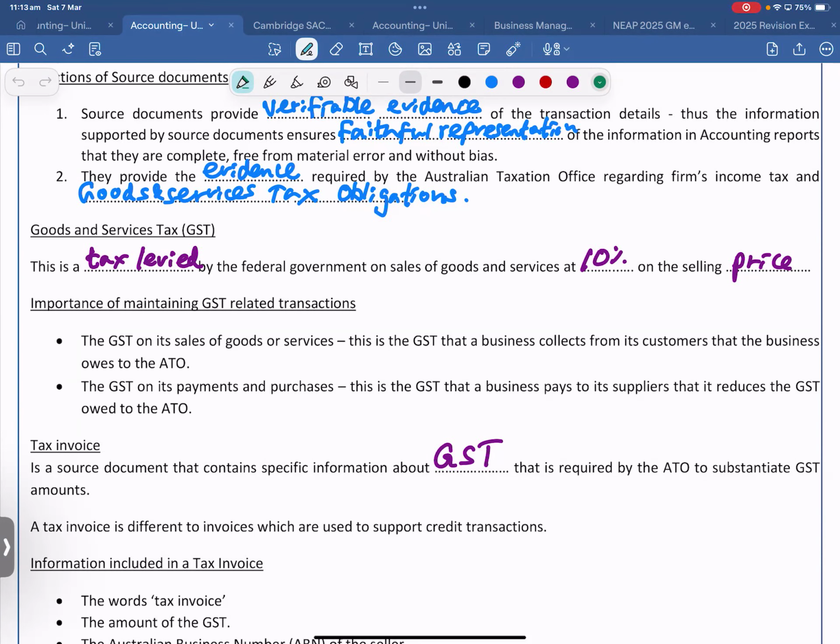If it is for our center, we collect GST from you, from students, right? So that is one transaction. We charge it on our fees or revenue. If it is a supermarket, when they sell their groceries, they collect GST from their customers. Then the other one is we pay GST. How do we pay GST?